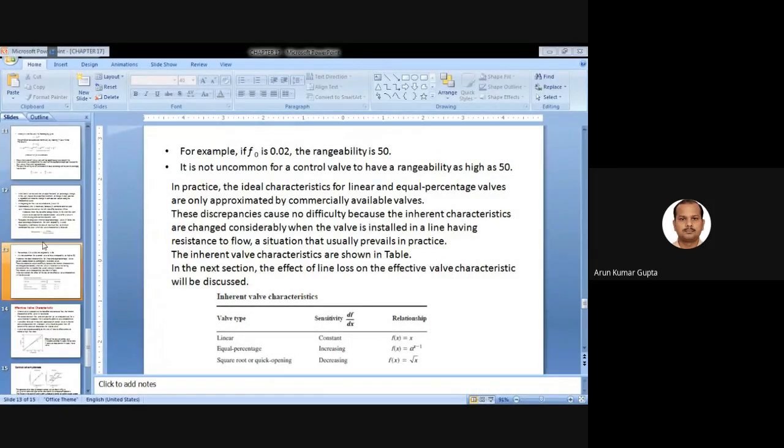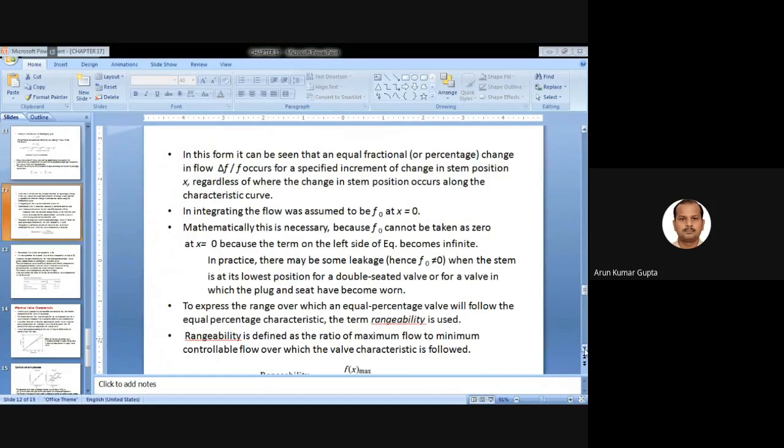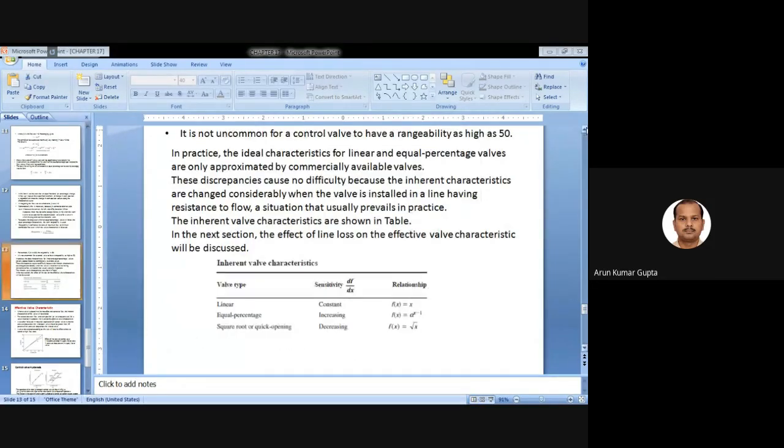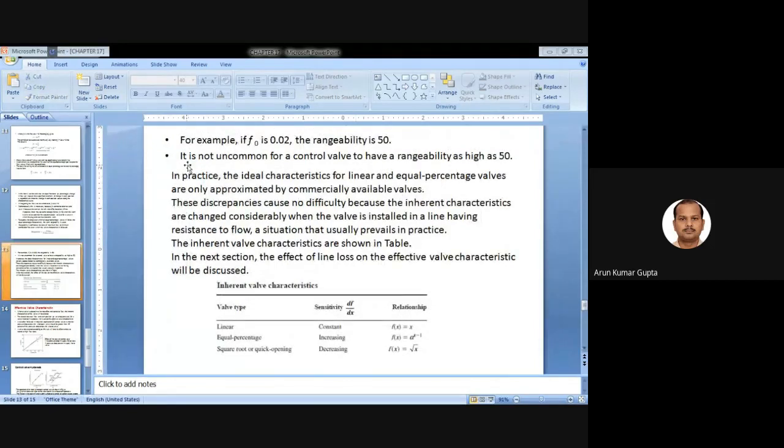You can see we have a maximum and a minimum. The minimum is 0.02 and the maximum is 1, so 1 upon 0.02 means the value of rangeability will be 50. So 50 is a very high number, but it is not uncommon for a control valve to have a rangeability as high as 50.